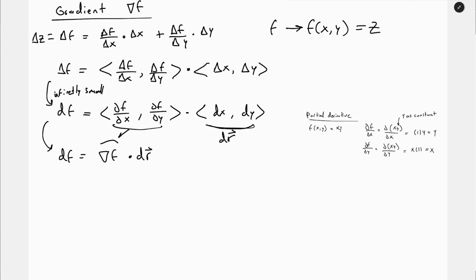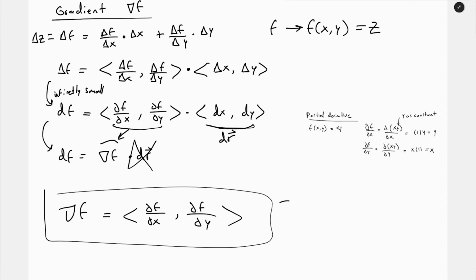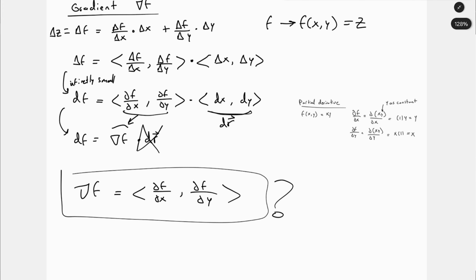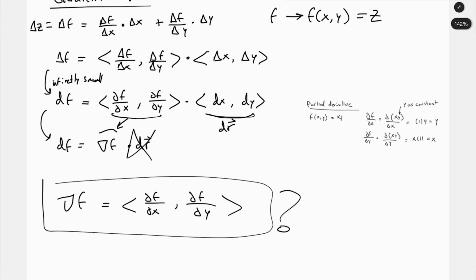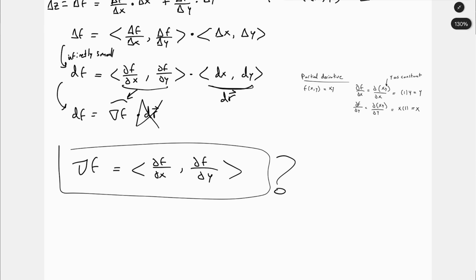At least this is what we call it basically. So now I'm not going to focus on the dr part, we're just going to focus on the grad f. So what is this, and what happens when we take the gradient of a function?